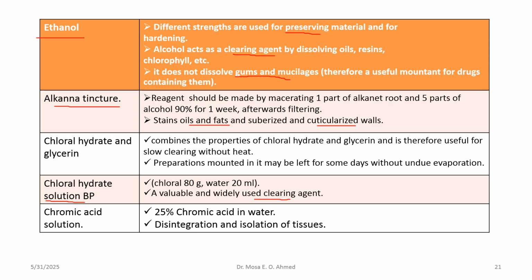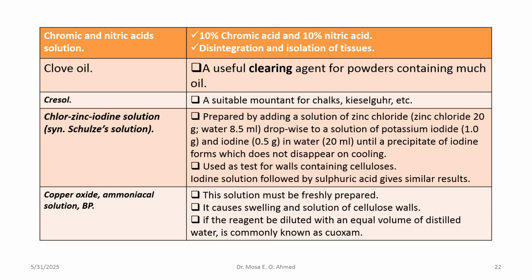Chromic acid is also a microscopical reagent that can be used for disintegration and isolation of tissues such as isolation of البلدز والتراكايد والconductive tissue in general. Also chromic acid and nitric acid mixture can be used as disintegrating agents.